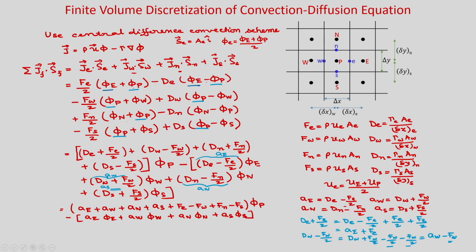So, now this A e plus A w plus A n plus A s, we can write as summation of A n b, because all neighbor coefficient summation, okay. And this f e minus f w plus f n minus f s, okay. So, this we can write as summation of f f. Okay.